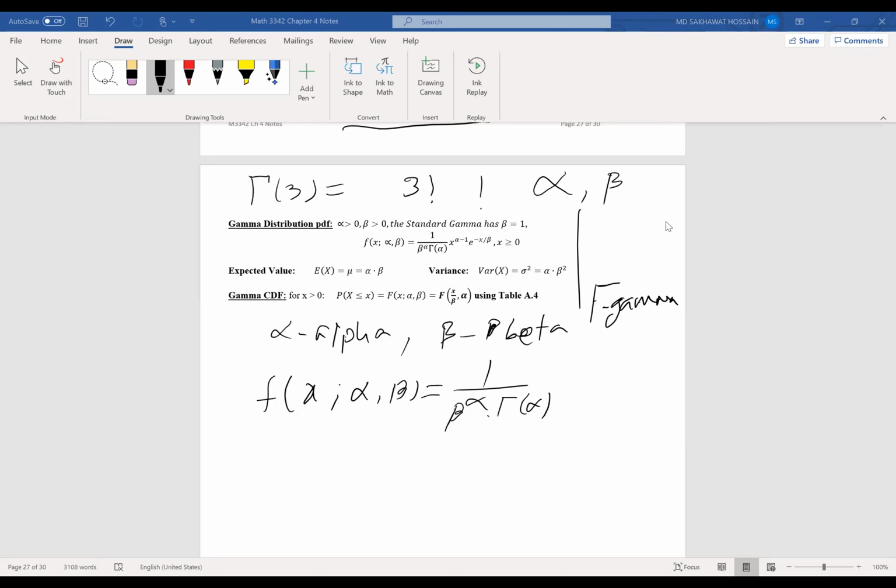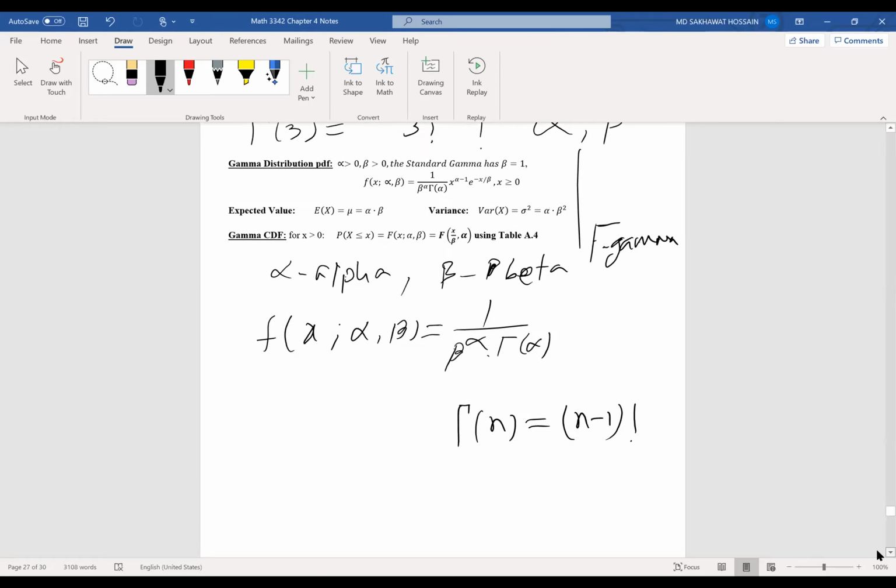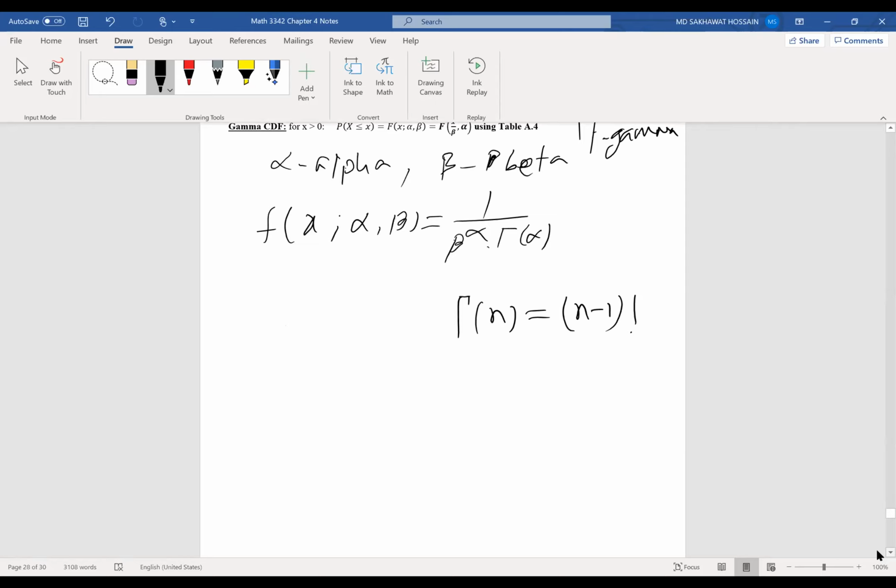So the difference is gamma n is equal to n minus 1 factorial. If you know factorial, then now you will also know gamma. So gamma 4 is equal to 3 factorial.